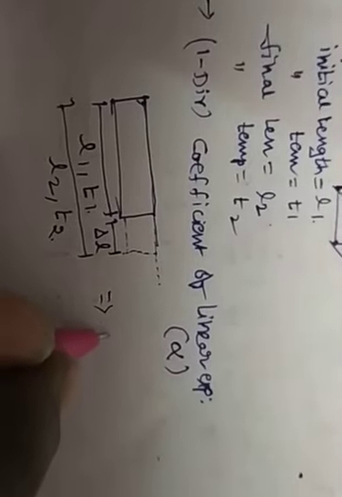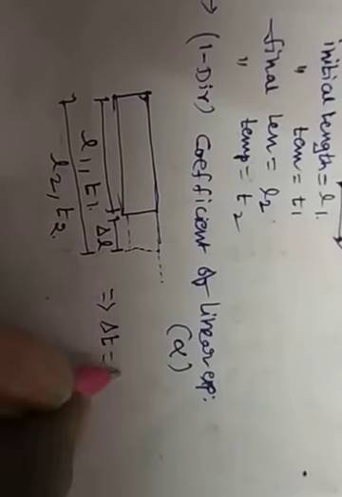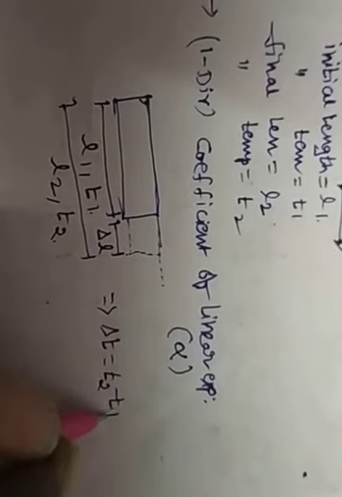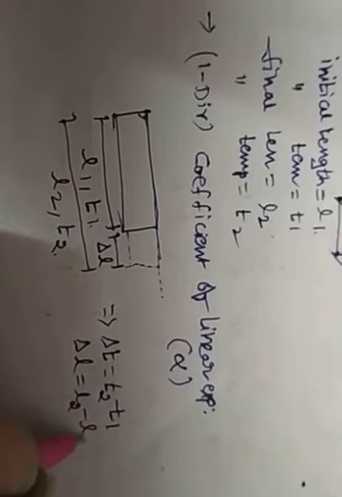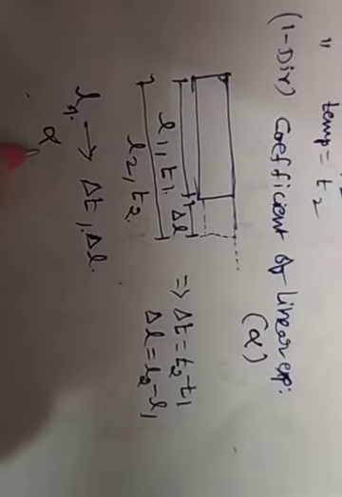That means there exists a temperature difference T2 minus T1, and a length difference L2 minus L1. So the change in length depends on L1 and on the change in temperature, and there exists a coefficient of expansion named alpha.